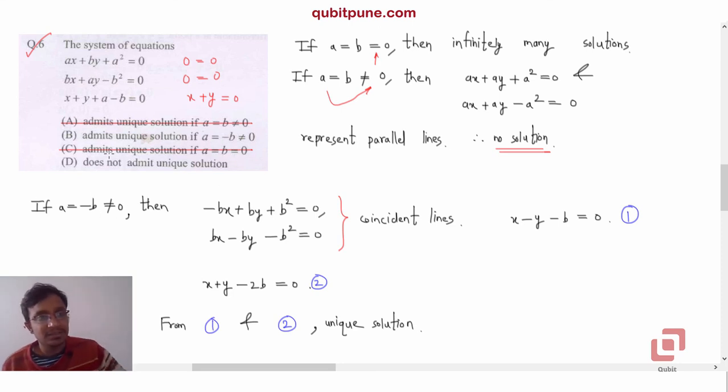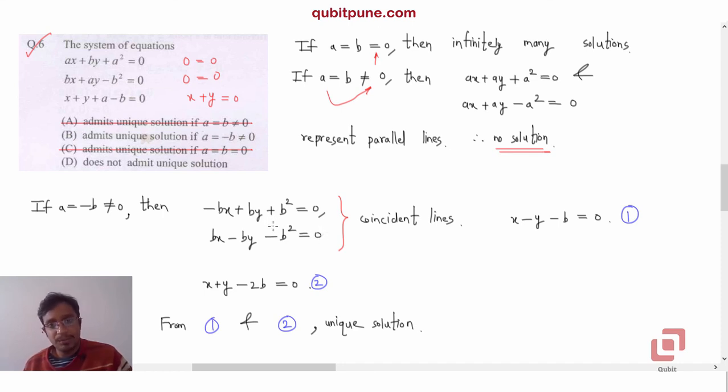Okay, so we'll try the possibility given in option B, which is a not equal to 0, b not equal to 0, but a and b are related by a equal to negative b. So I'm going to replace a by negative b. I get the first equation negative bx plus by plus b squared equal to 0, and bx minus by minus b squared equal to 0.